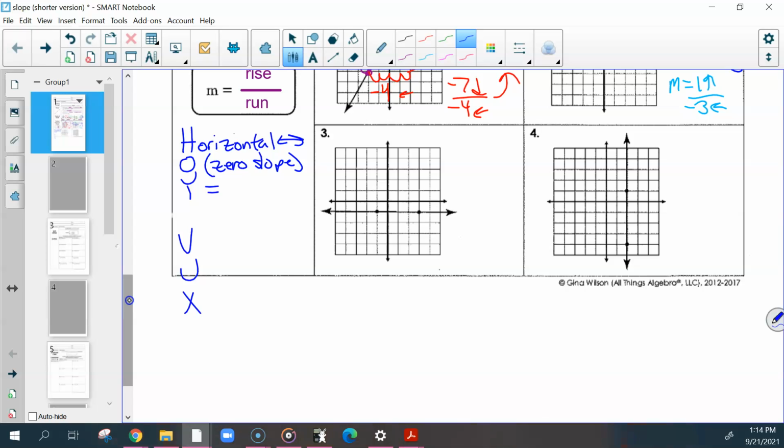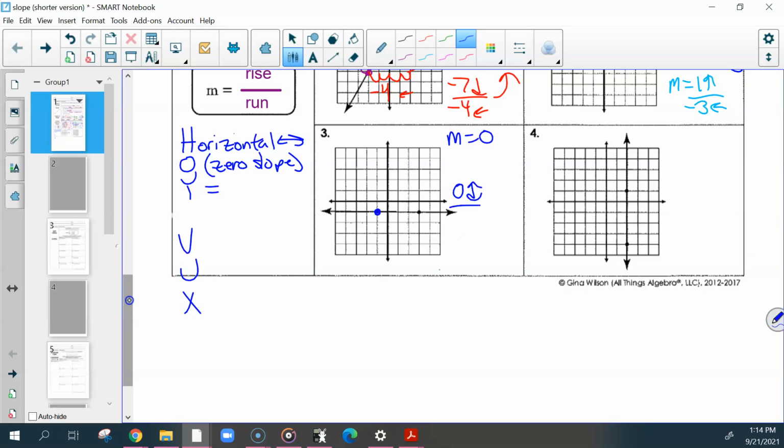So for number 3, this is a horizontal line. So if you know it's a horizontal line, the slope is going to be 0. But if you wanted to count it and do that work, you could still do that.